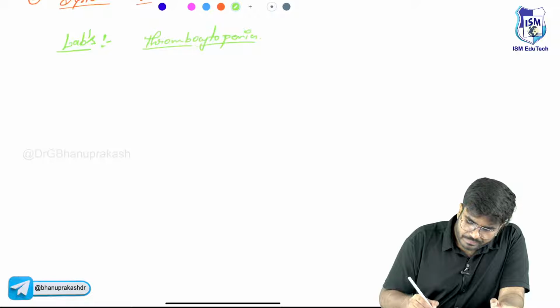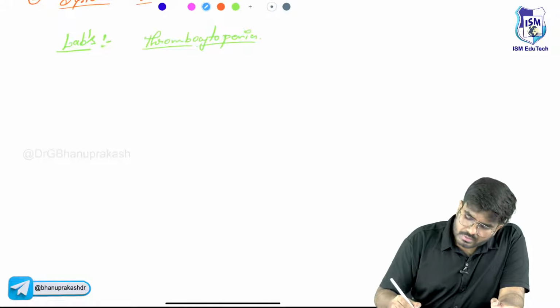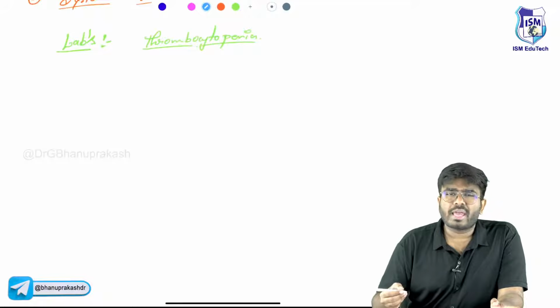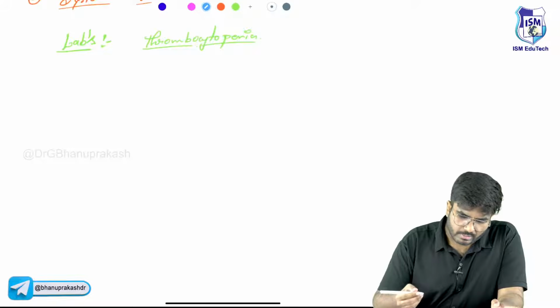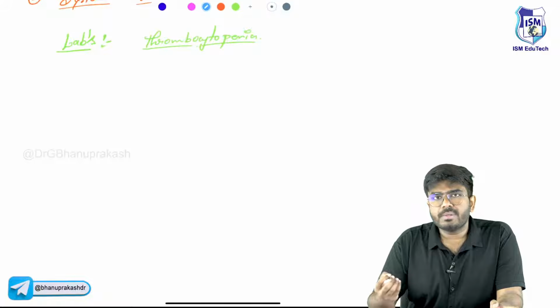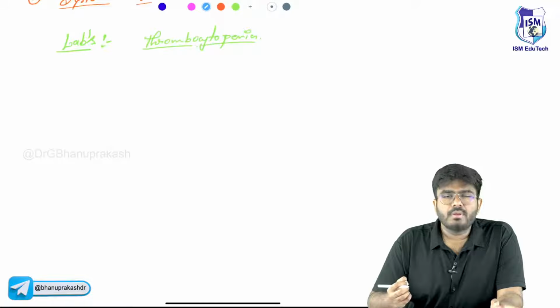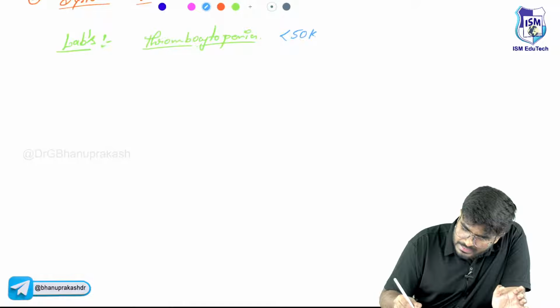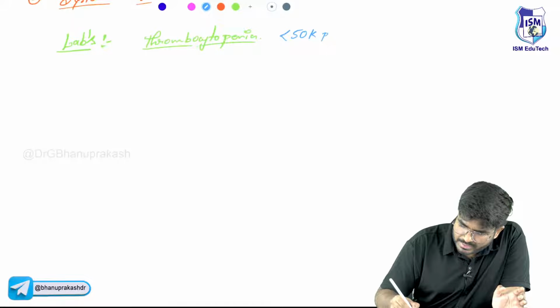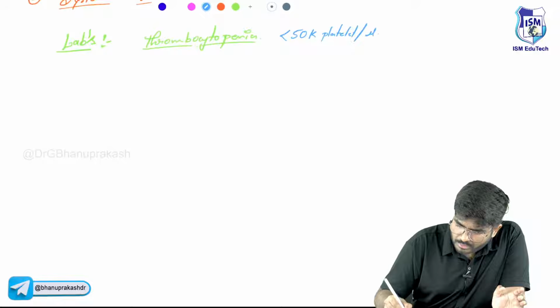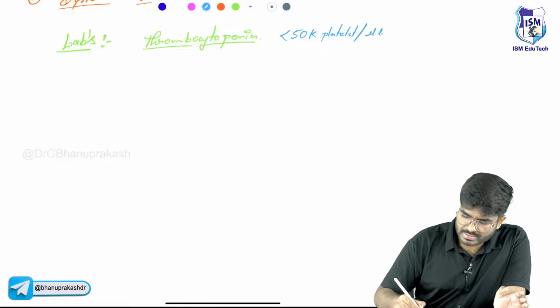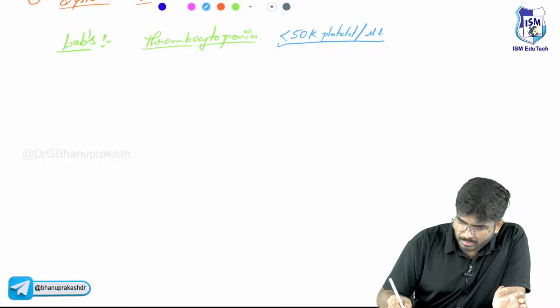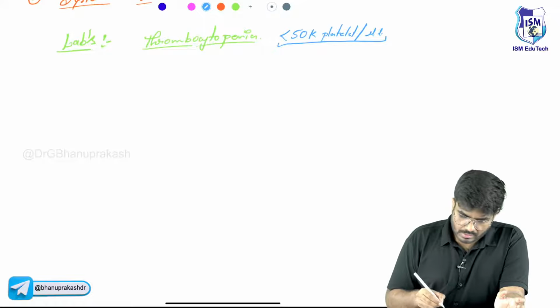Usually you will be having 3 to 4 lakhs of platelets per microliter. Normal. But if you have less than 50,000, less than 50K platelets per microliter, then it is called thrombocytopenia, meaning your platelet count is going down.